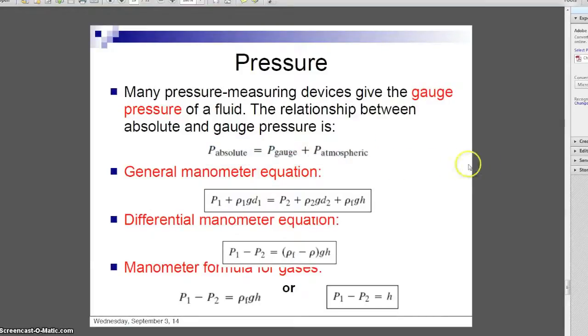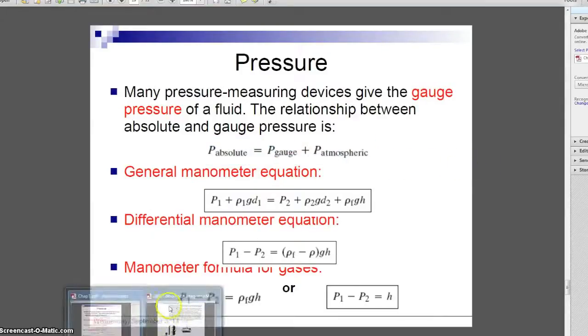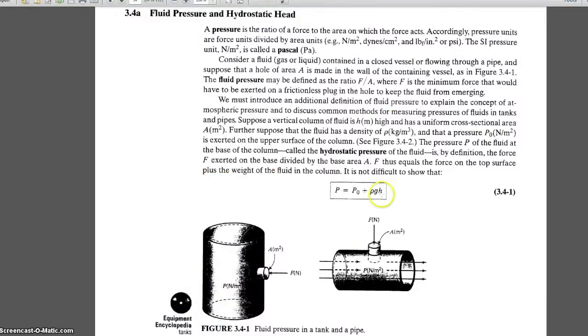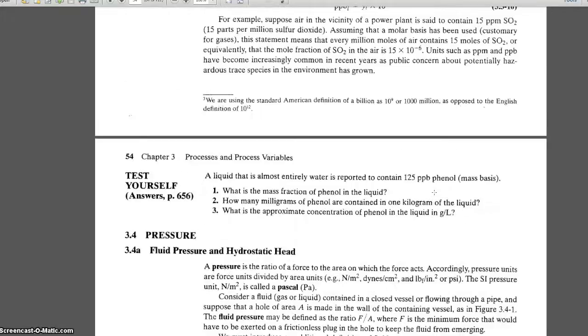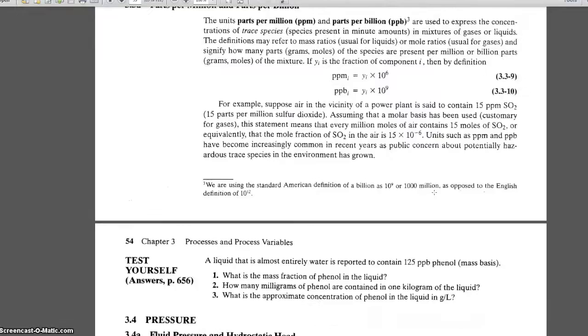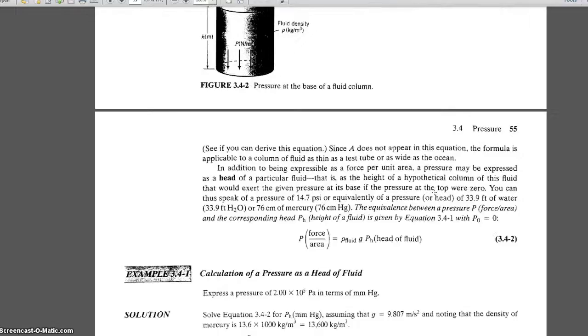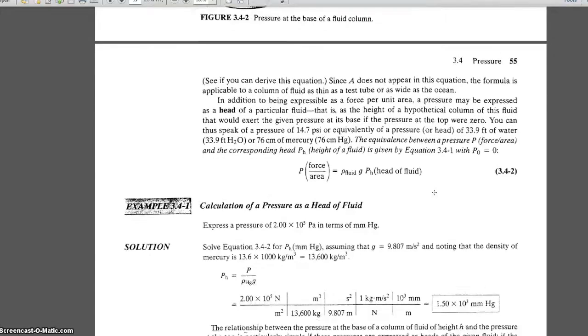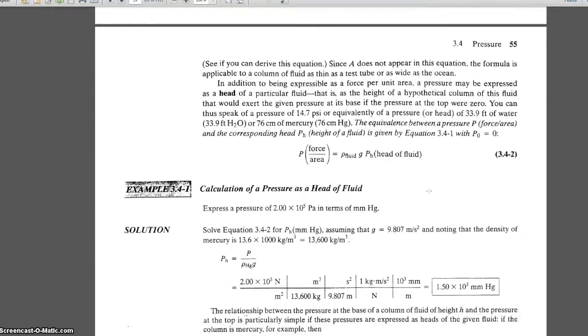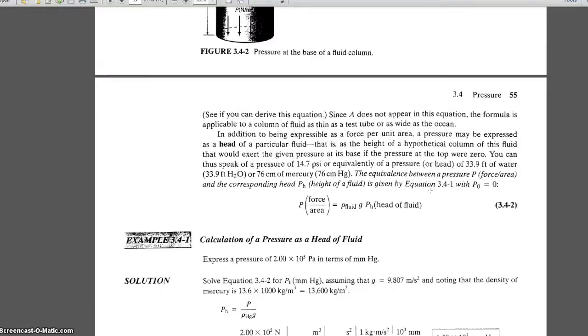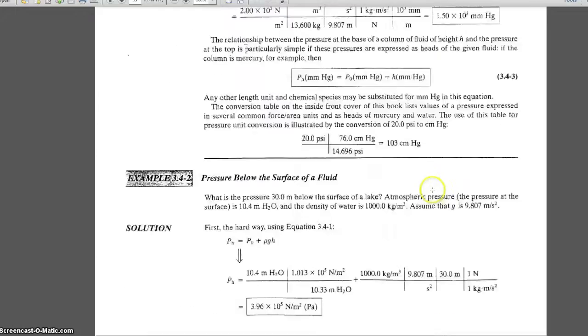And to know what atmospheric pressure is, let's go back to the textbook, and I think it's in here somewhere. Hold on, it's on page 54. No, it's not on page 54, it's on page 56.